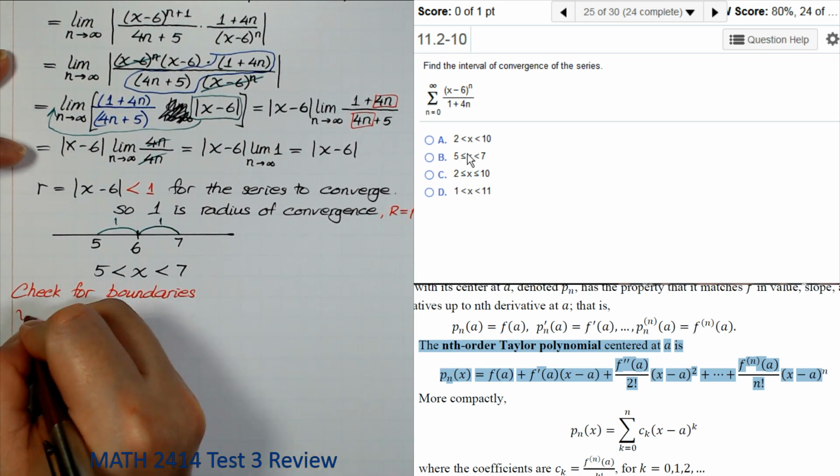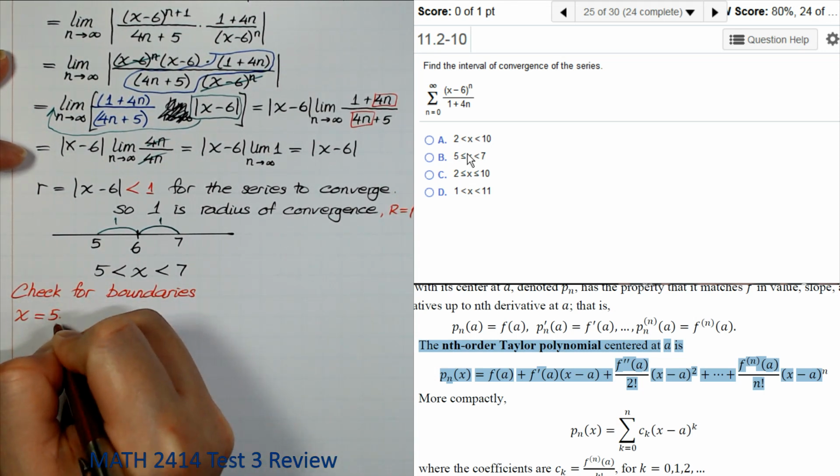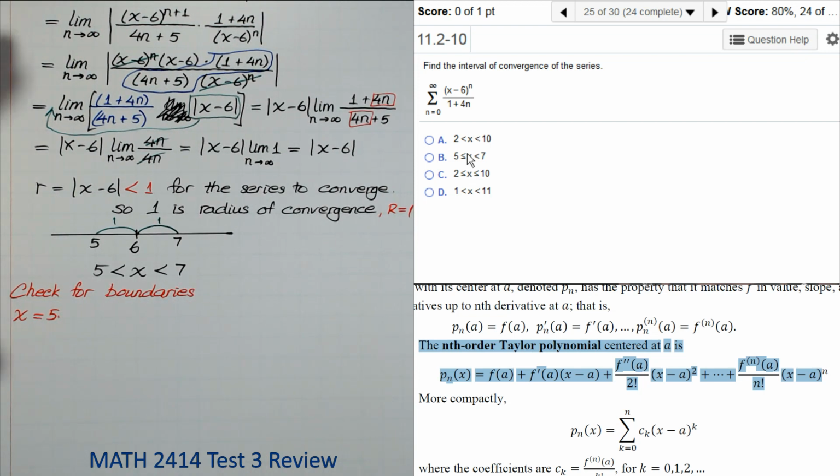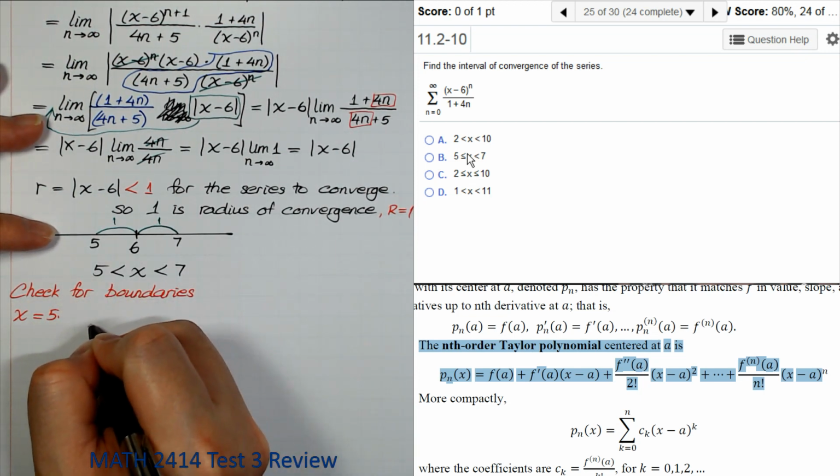When x equals 5, let's put 5 into the series.